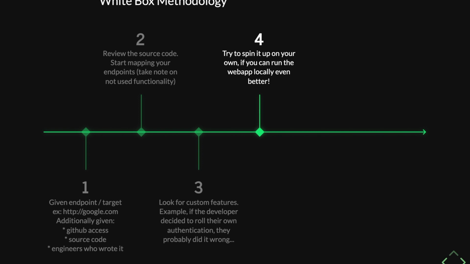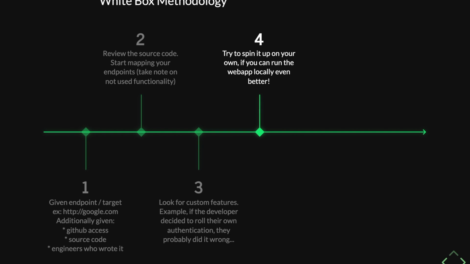All right, number 4, and this one's pretty important. Also my favorite thing to do, which is why I pretty much only like doing white box pen testing anymore, is try to spin up the application on your own, especially locally. A lot of times it's a little bit difficult because you'll need a temporary database. You may need some S3 buckets, maybe some cloud servers.